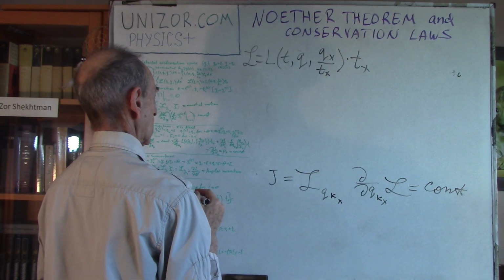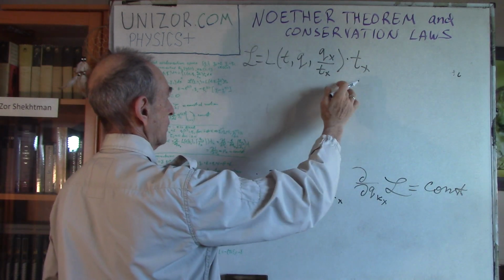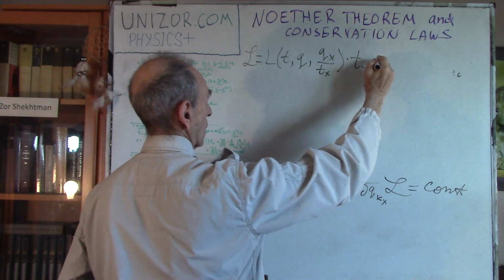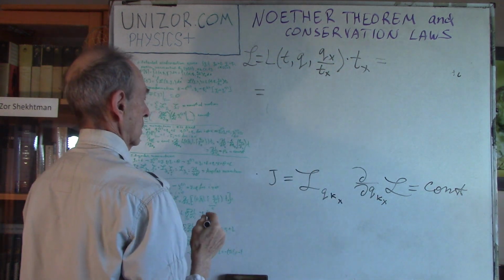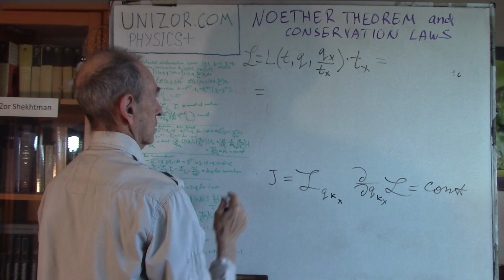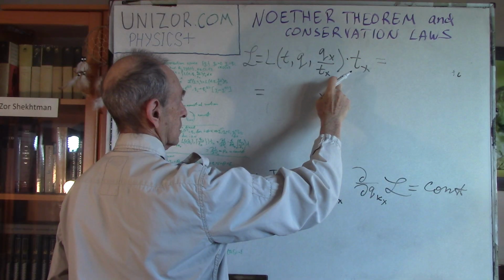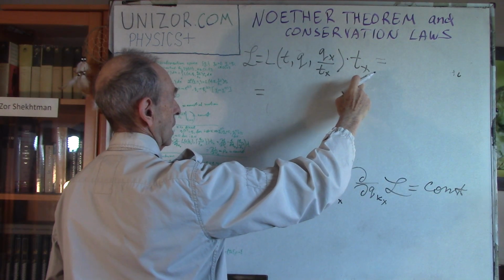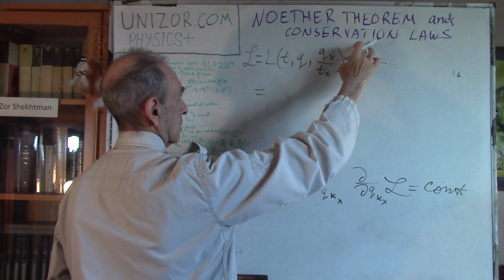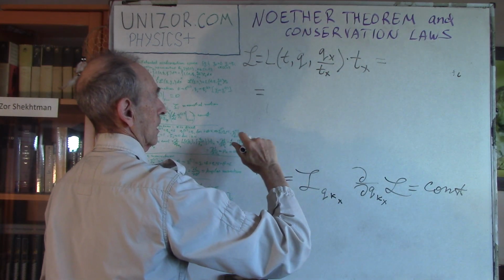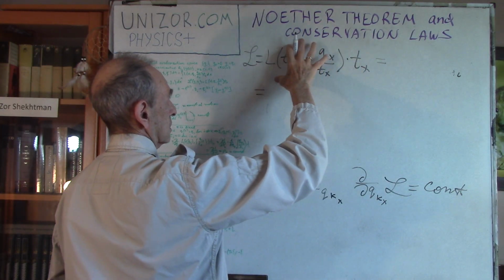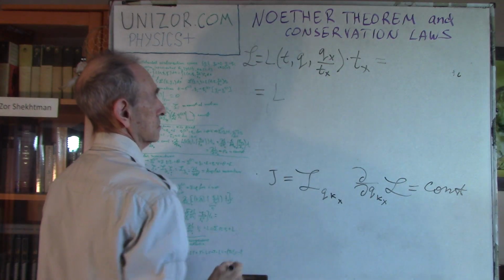All right, if this is a function which is the product of two functions, my derivative would be the derivative by this function times dx plus the derivative by this times this. Okay, so let's start with the second one. The derivative by this times this. So that would be just L, right?